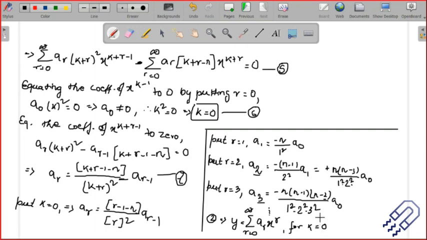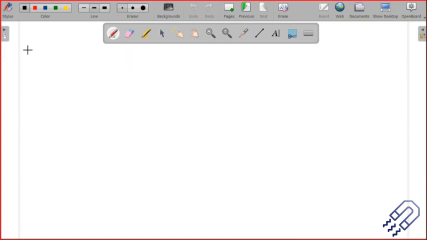Right now what we can do is write down the series. So that means we can expand this. Let me write it down again quickly. y is equal to summation r is equal to 0 to infinity a_r x to the power r.